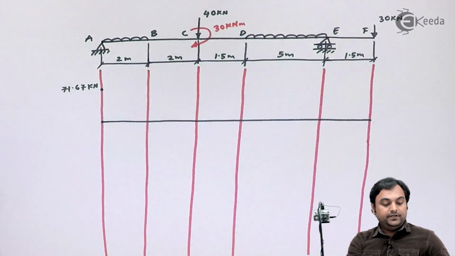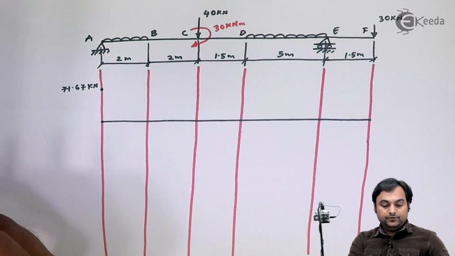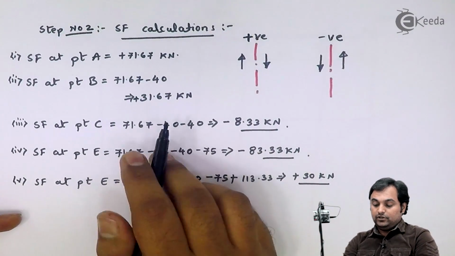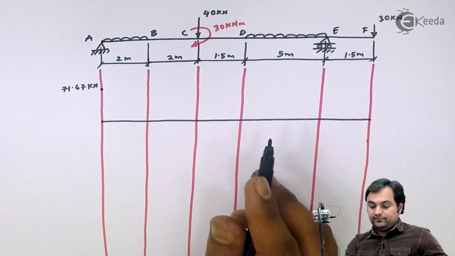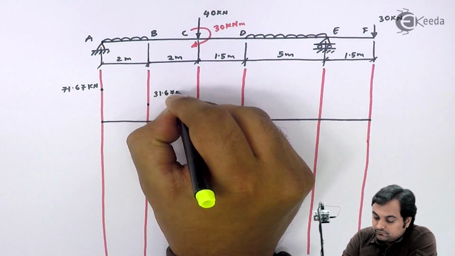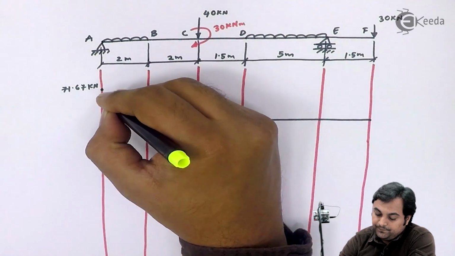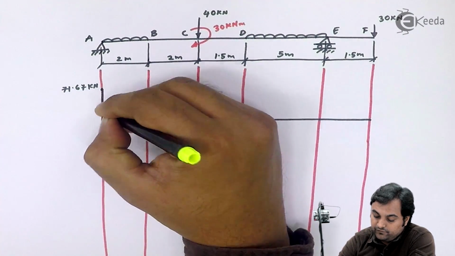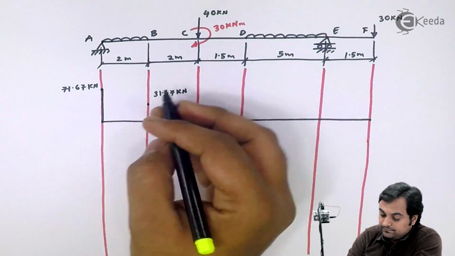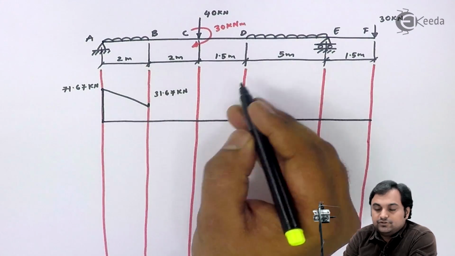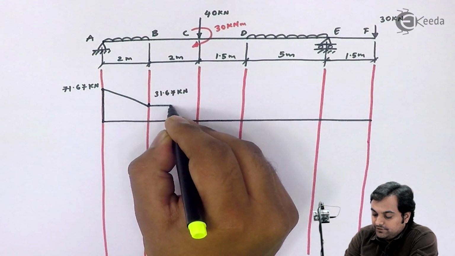Next, at point B, I am getting shear force value as 31.67 kilonewton, again positive. Now as there is UDL between A to B, this shear force will be an inclined line. Next, between B to C there is no load, so shear force will remain constant.